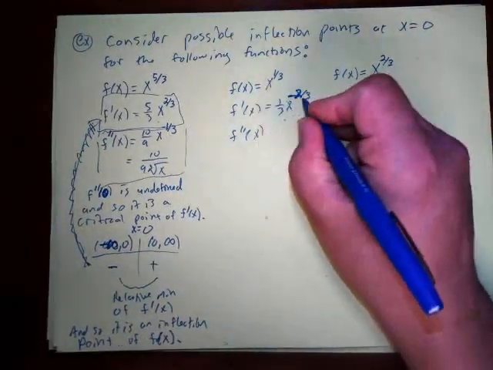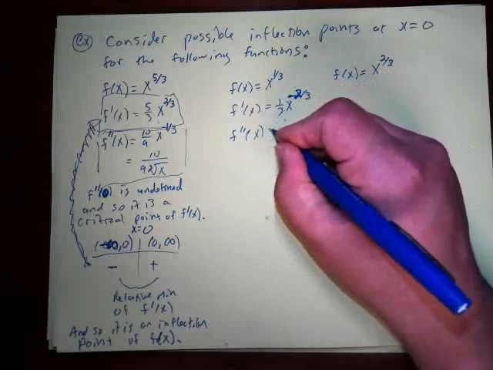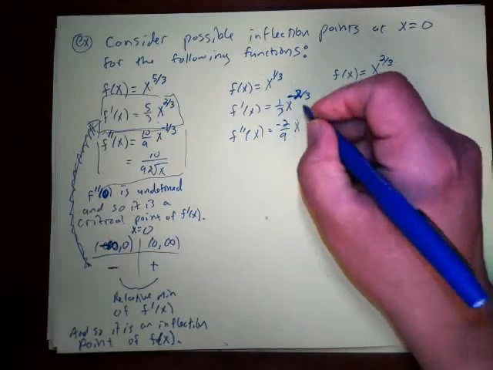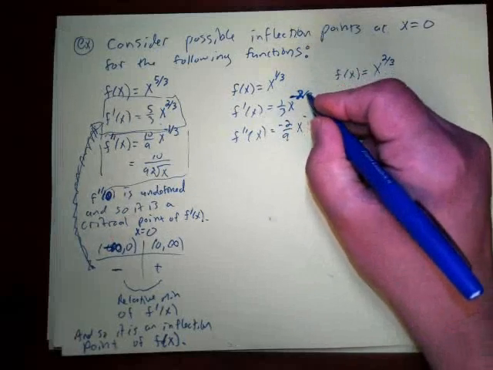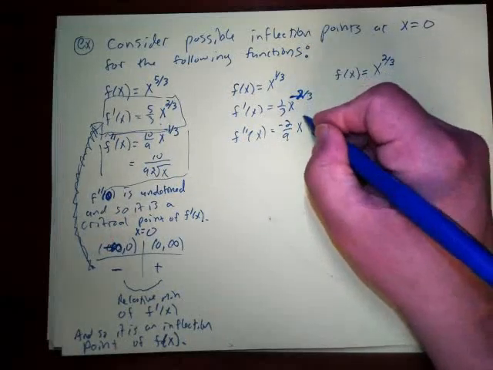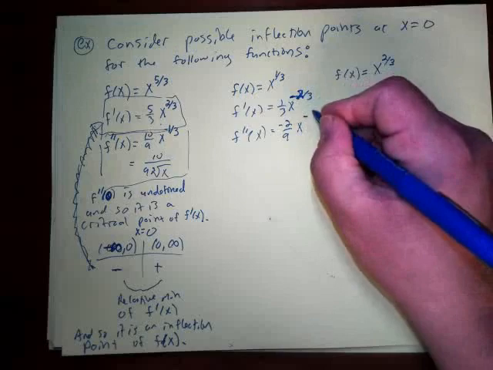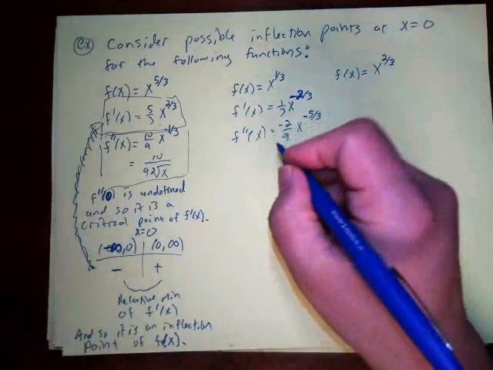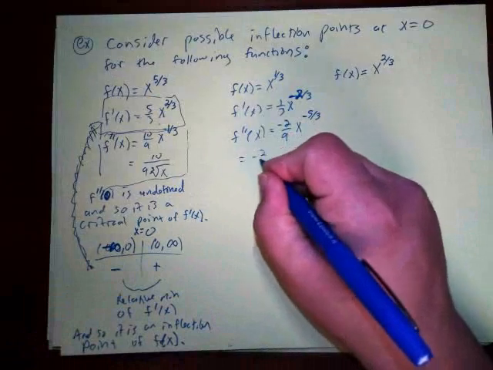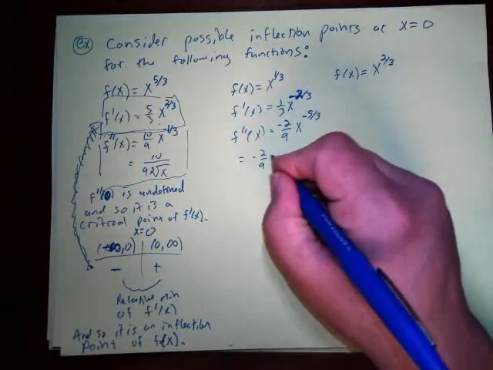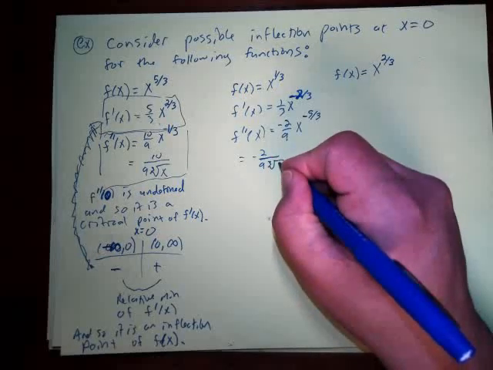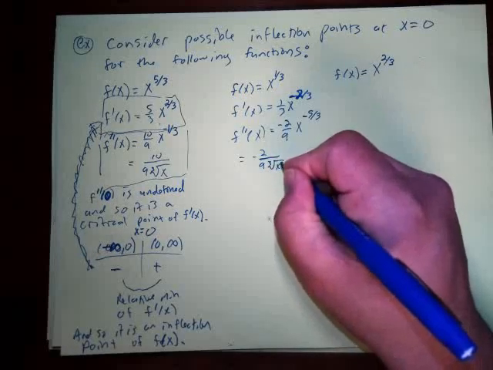So now that's the first derivative. So the second derivative, I'm bringing down a negative exponent here. So I get negative 2/9 x, and then I subtract 3/3. So this is negative 5/3. So this derivative would be like negative 2/9, and then you would have the cubed root of x to the 5th.